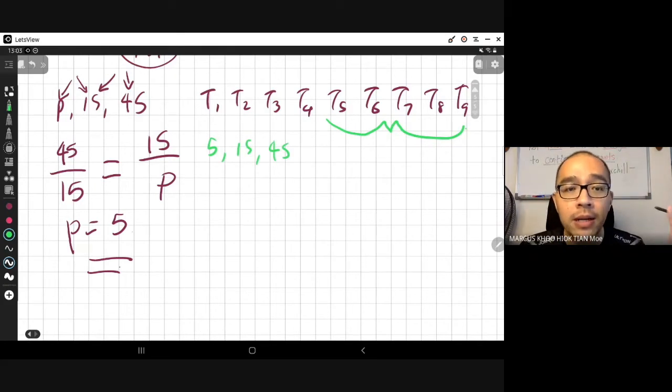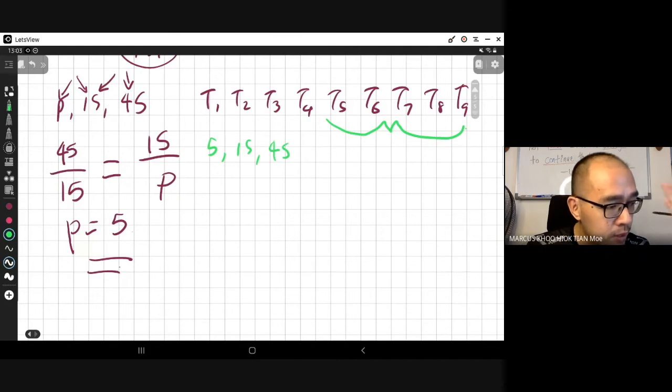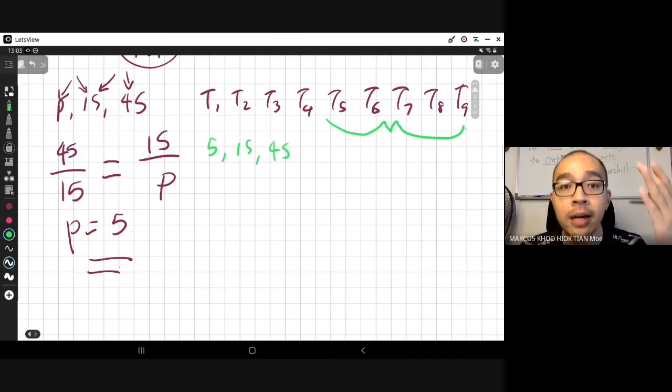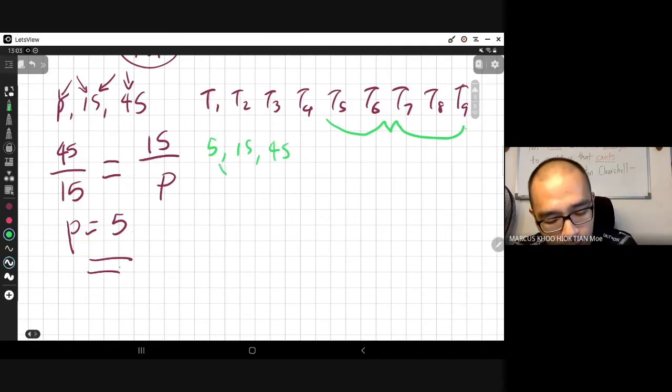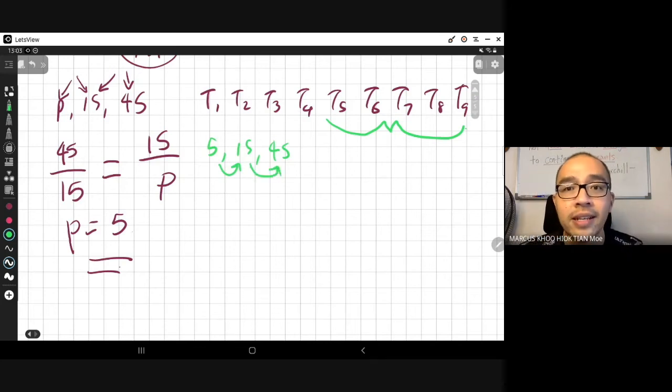Just multiply by 3, because 5 times 3 is 15, 15 times 3 is 45. Can you do it until the 9th term? Can. There's nothing to stop you from doing it until the 9th term. You can do this manually on condition that you list it down fully.